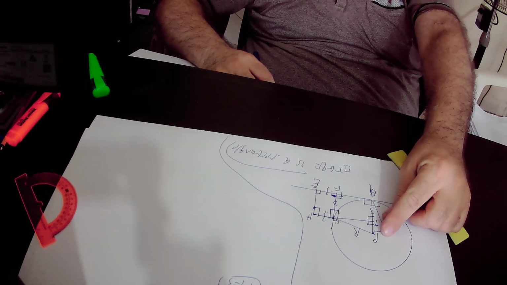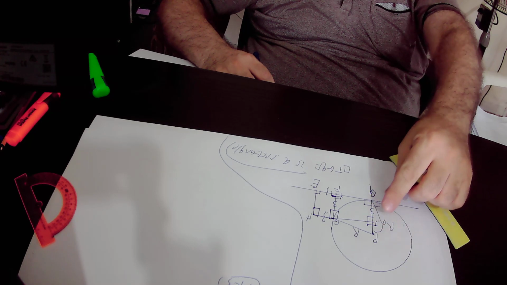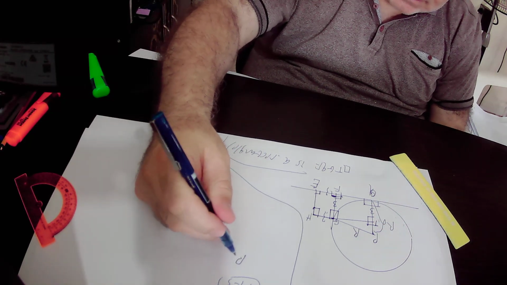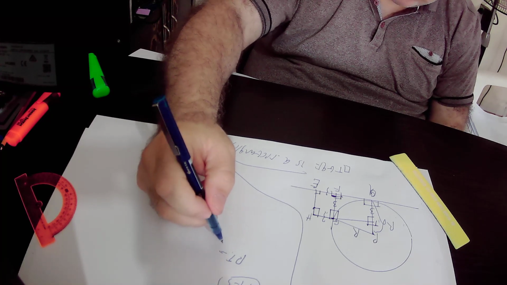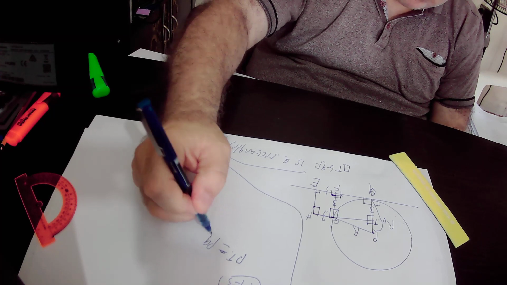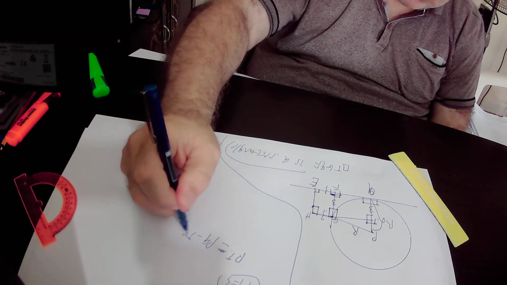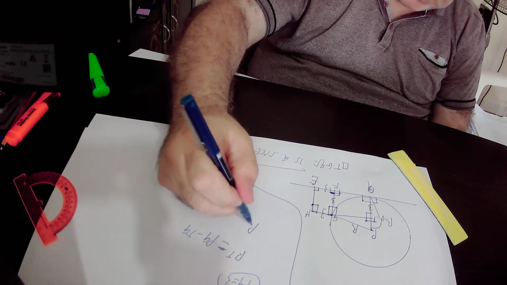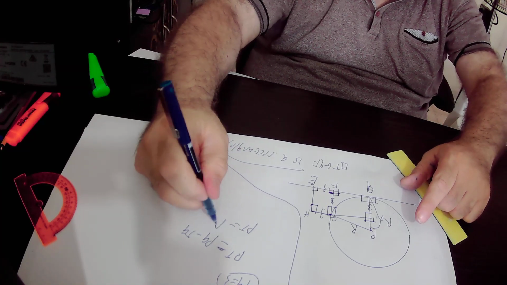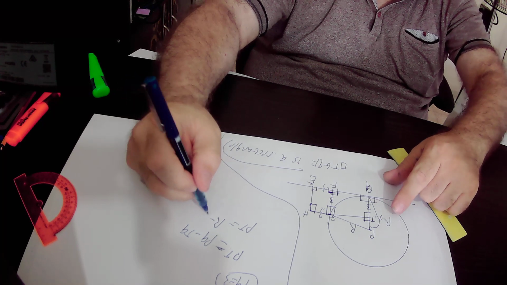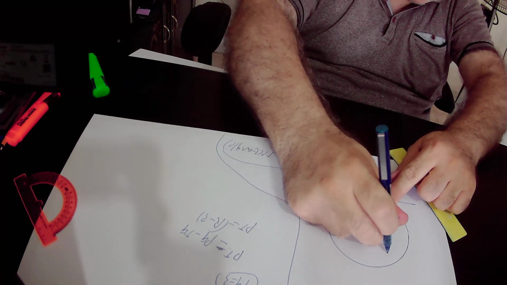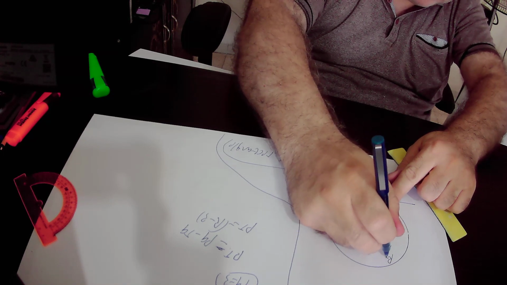It is very easy to see from the drawing that PT equals PQ minus TQ. So PT is equal to PQ, that is capital R, minus TQ that is 3. So in conclusion, we found out that PT equals capital R minus 3.